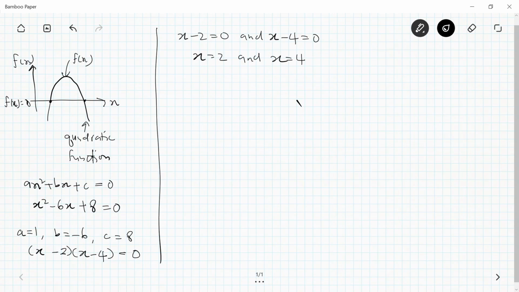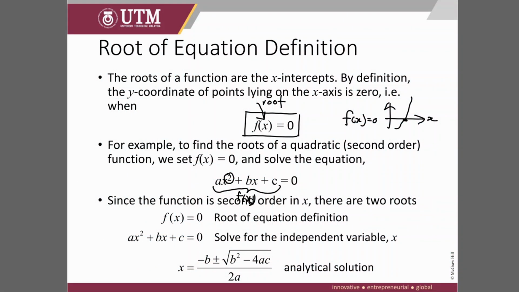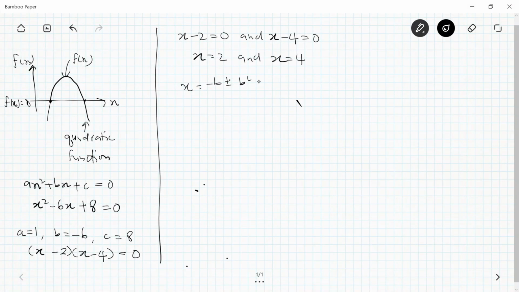Or you can just straight away use the formula x equal to minus b plus minus square root of b squared minus 4ac over 2a.